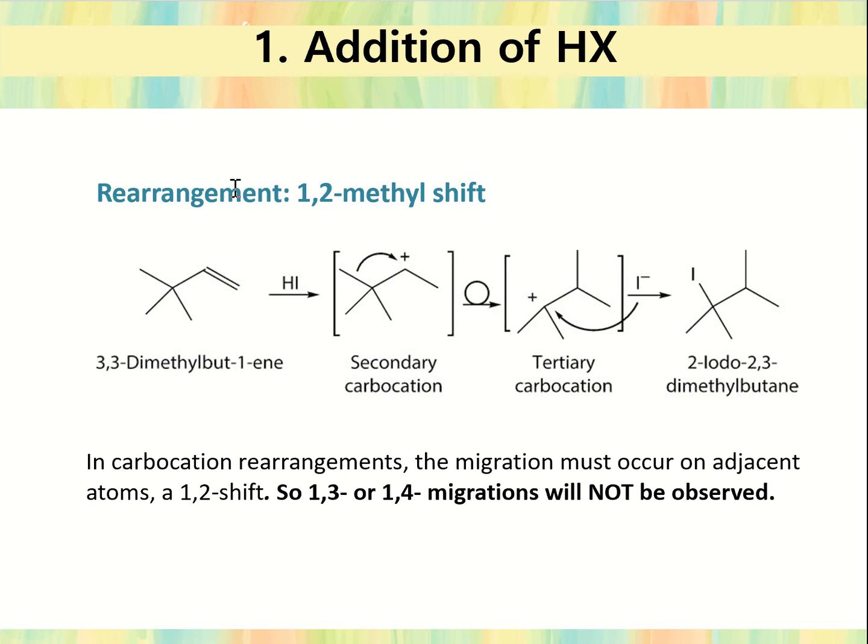So in a similar fashion, we can demonstrate the rearrangement, in this case a 1,2 methyl shift, right? So similar type of thing. We have our hydrogen halide here, and the double bond being nucleophilic as usual, abstracting our proton, and we have the possibility of forming a primary or a secondary carbocation.